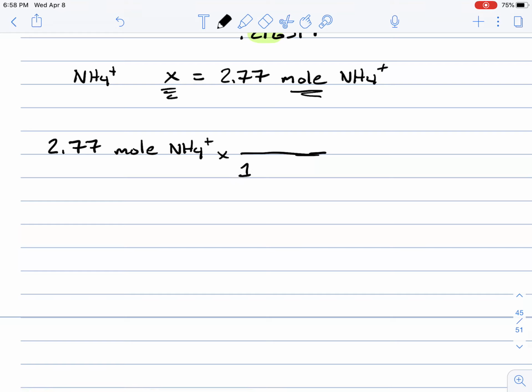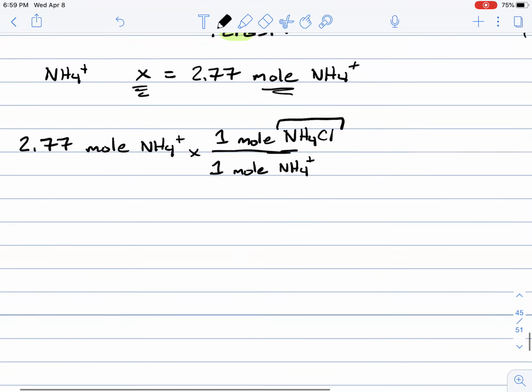And so we can go ahead and do a mole-to-mole relationship. For every 1 mole of ammonium, that's equal to 1 mole of ammonium chloride, right? So if you look at this chemical formula, for every 1 of this chemical formula, there's 1 ammonium. Okay? So that's where I got that 1-to-1 relationship.